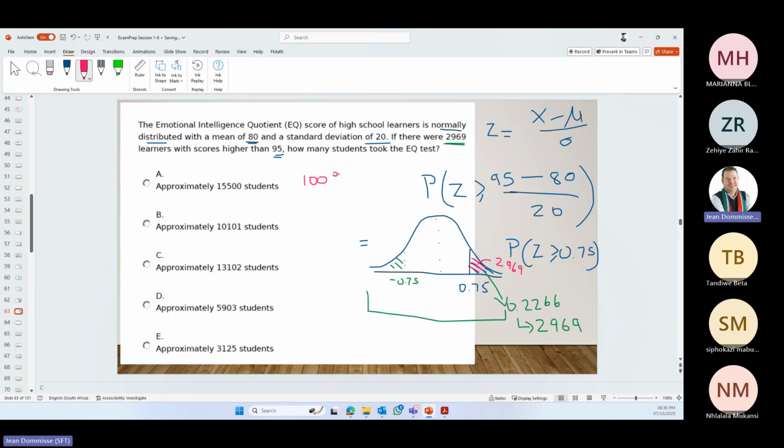So if it was 100%, we want to know how big it is. At the moment, we've got 0.2266, or 22.66%. That is equal to 2,969. So to get to 100%, divide on both sides by 0.2266.